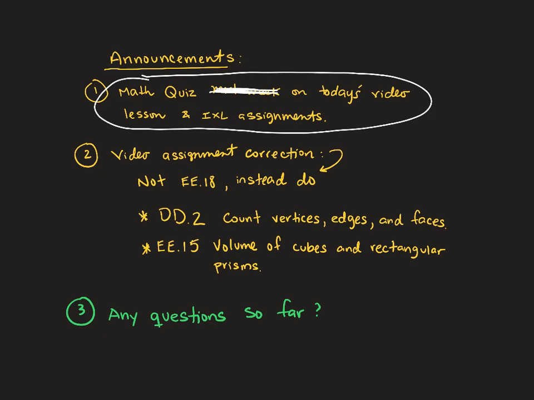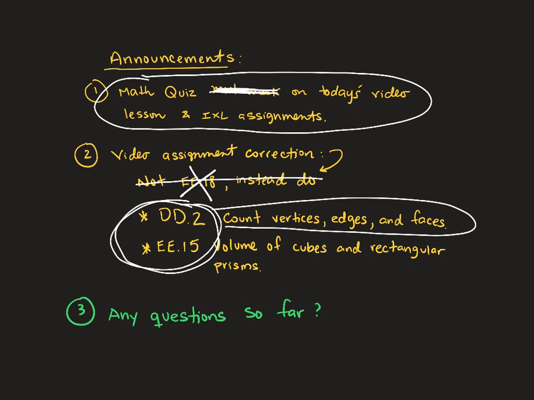We talked about quite a few things, so make sure that you hold that very dear and you study from it. And remember what I said before, and I said it several times, no EE18. Bad EE18. That's for next time. For today, these are your real assignments. So for people that couldn't catch that for some reason or came in later, your true IXL assignments are DD2 and DD15. DD2 is this one, and this is DD15.